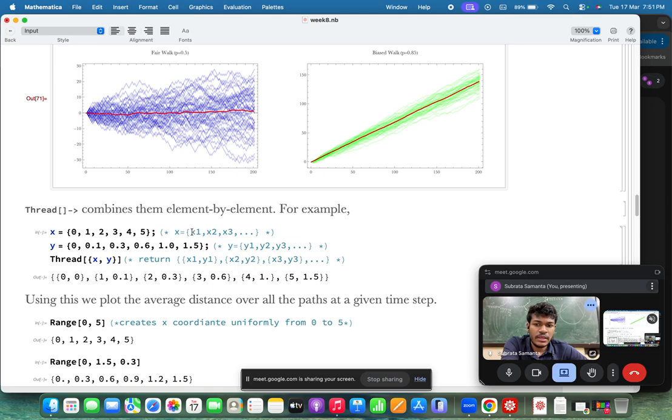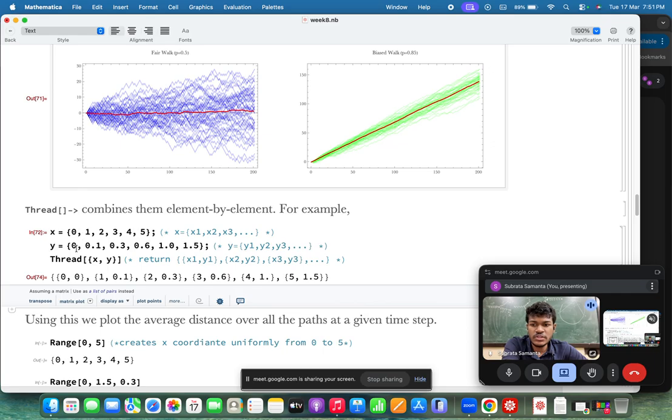So, I create x1 y1, x2 y2. This is basically an array: 0 0, 1 0.1, and 2 0.3. So, this is an n cross 2 matrix, if there are n elements.